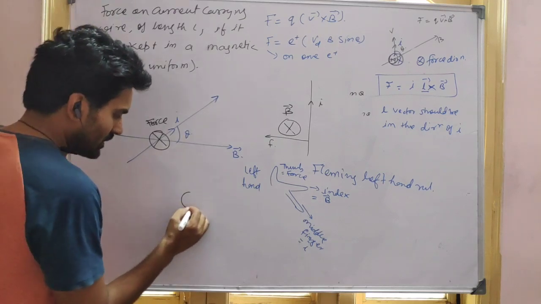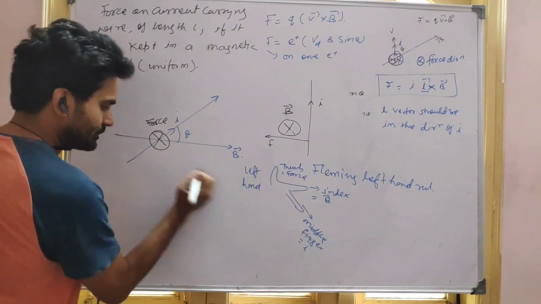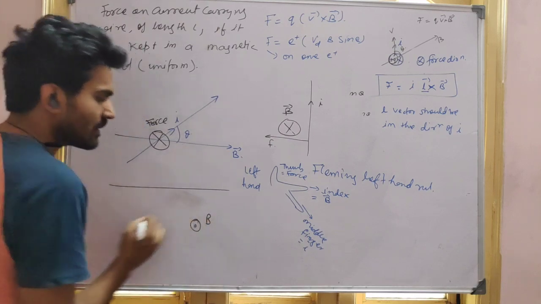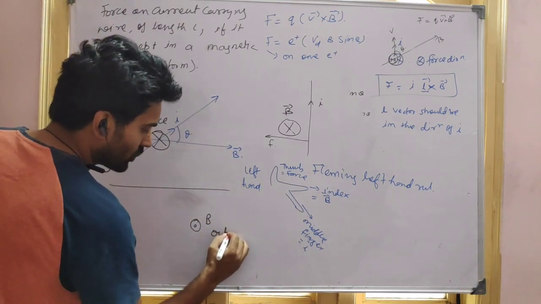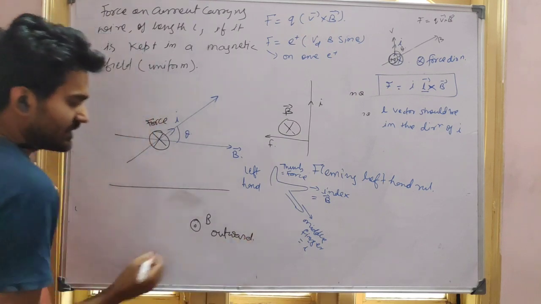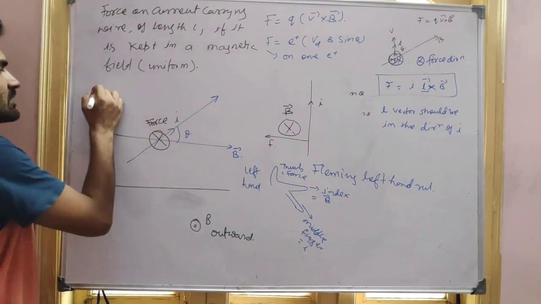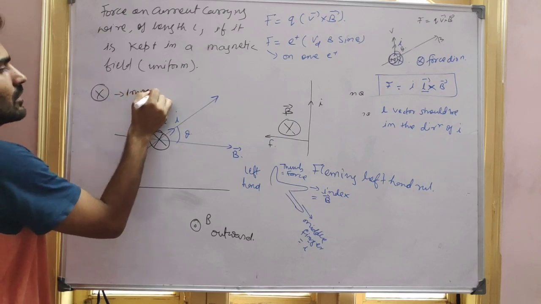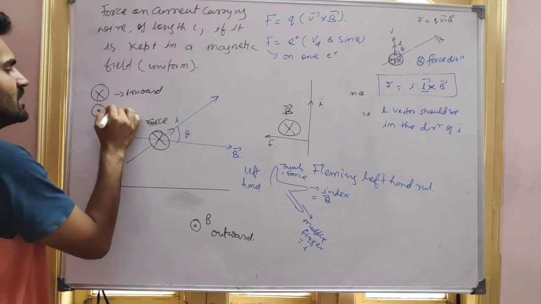Okay, let's take one more example so that you can understand. Let the B be here, coming out of the plane, outward. See, these are the two symbols. If I make the symbol like this, it means inward. If I make the symbol like this, it means outward.